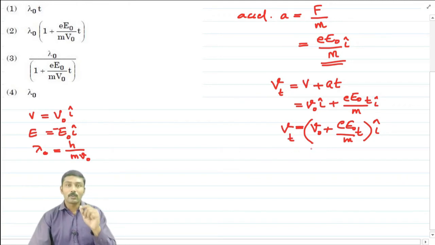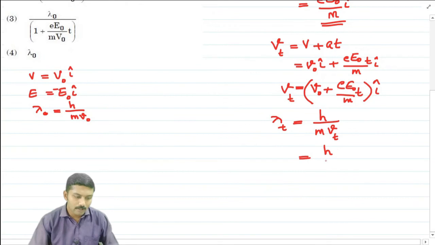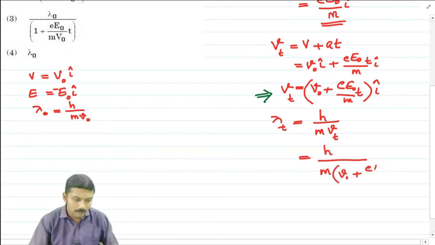So the de Broglie wavelength after a time t can be written as lambda of t is equal to h divided by m times velocity after a time t. If I substitute these values, I get h divided by m times the equation for velocity we have already got, which is v naught plus E naught divided by m times t into I cap.